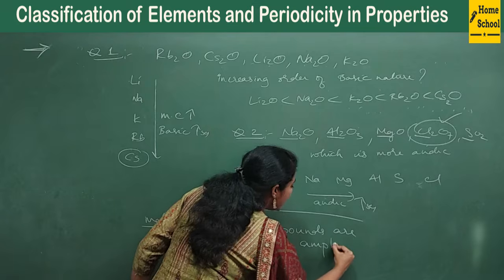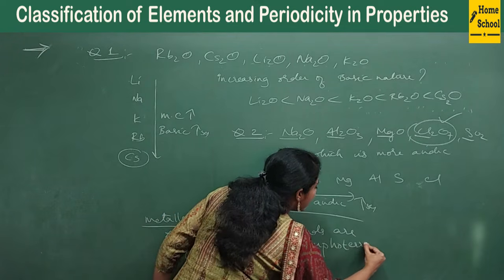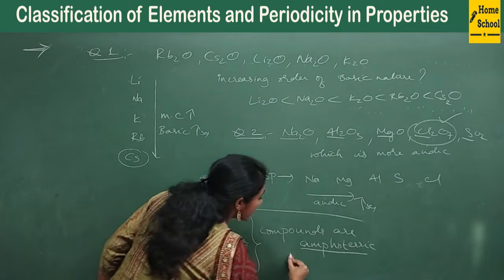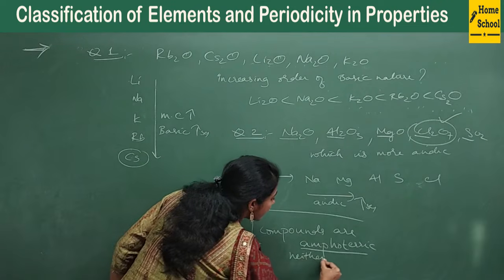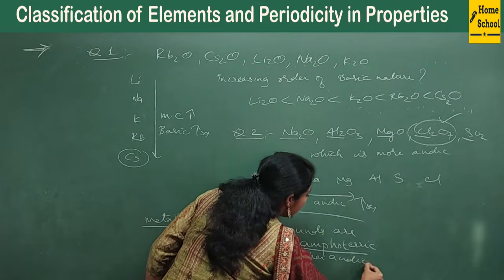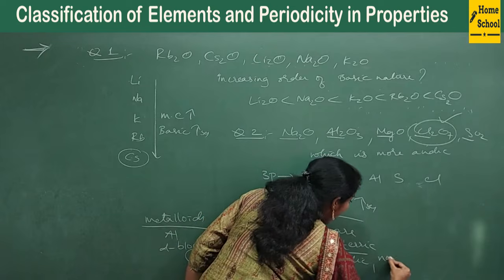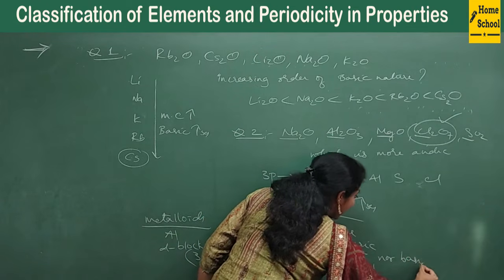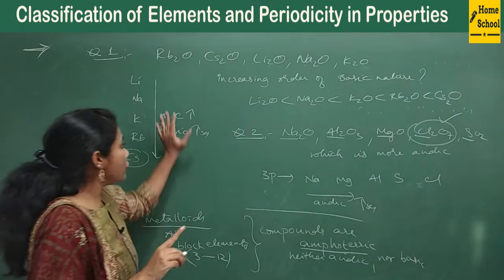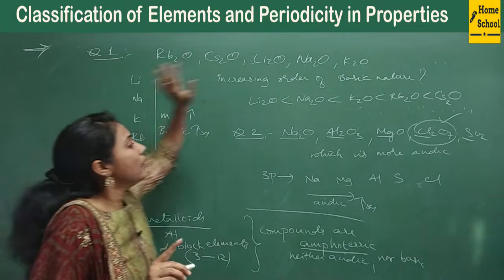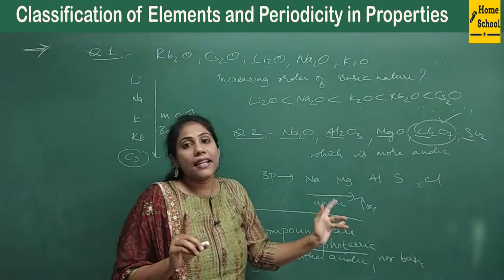So what do you mean by the word amphoteric? Amphoteric means neither acidic nor basic. I told you compounds of metals are bases, compounds of non-metals are acidic.